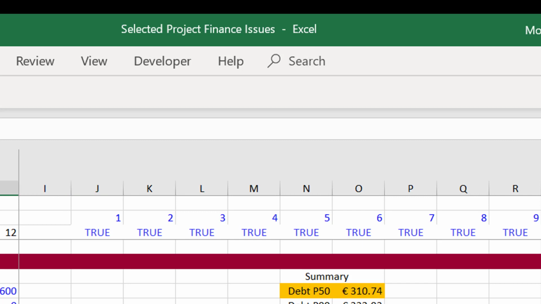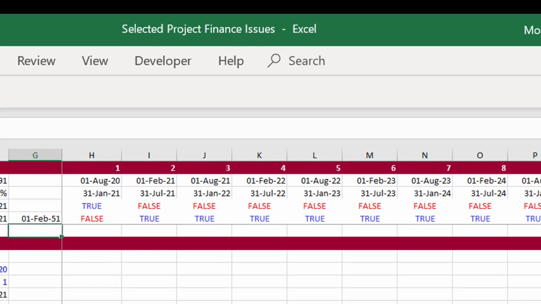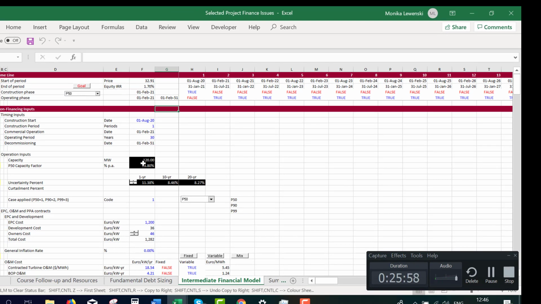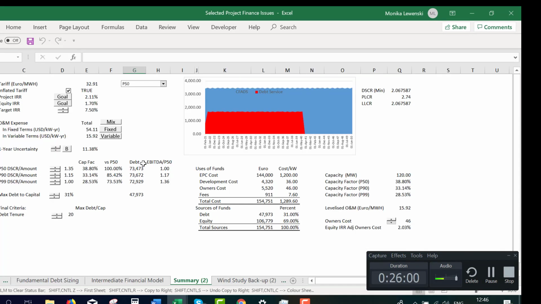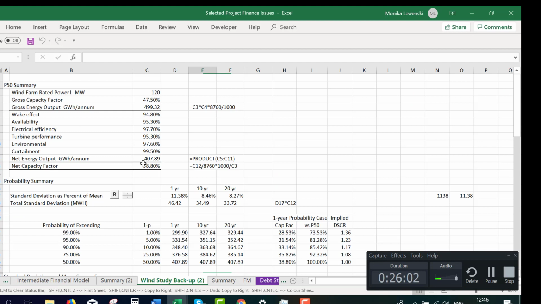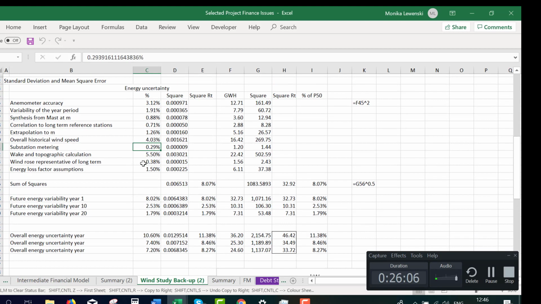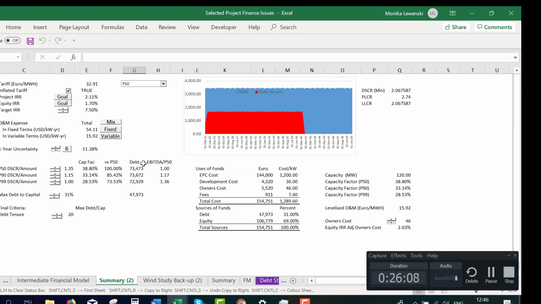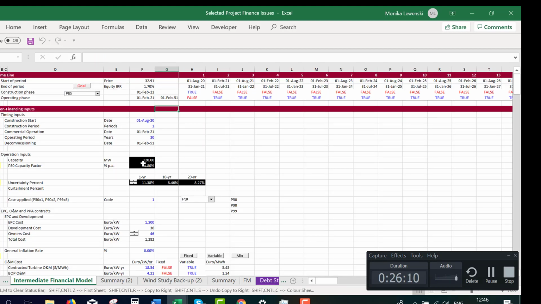In this one, it's called the intermediate model. We're going to put some fixed and variable costs in, and we're going to look at a hypothetical wind study. This is not for any real project. So that's the next video. So that's the end of this one.